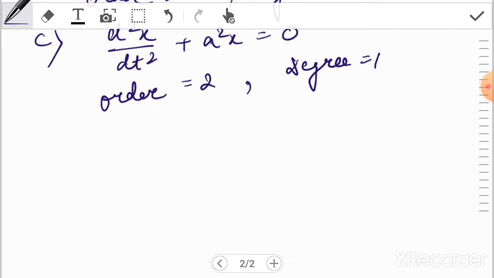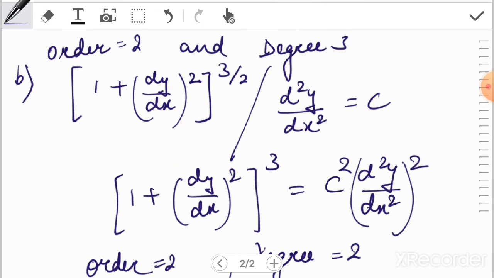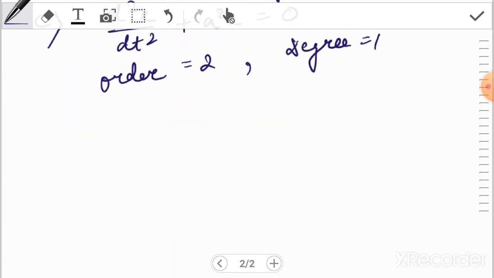This way you can find out the order and the degree of a differential equation.